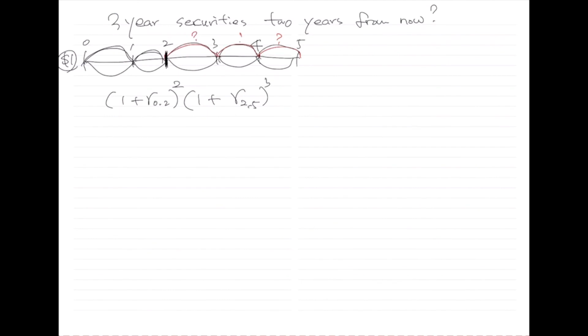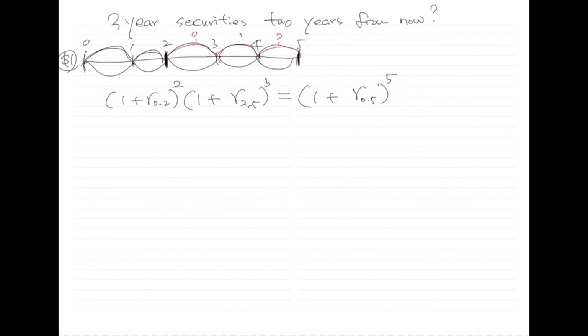And it is the same as when we invest $1 today and then get the money at maturity, so the 5-year securities. So 1 plus R05 power of 5, right?